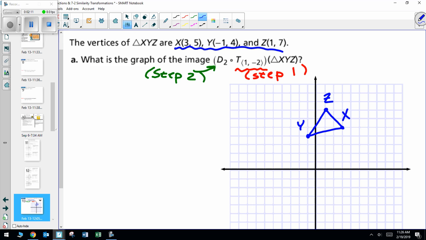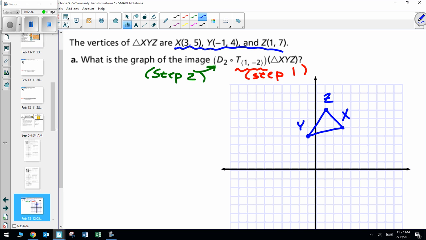That big T is 1, negative 2. What does that mean to do to that figure? If I saw that capital T, which rigid motion is that?